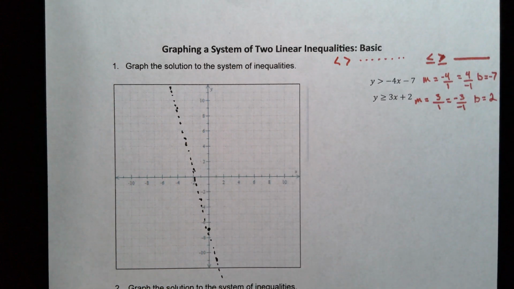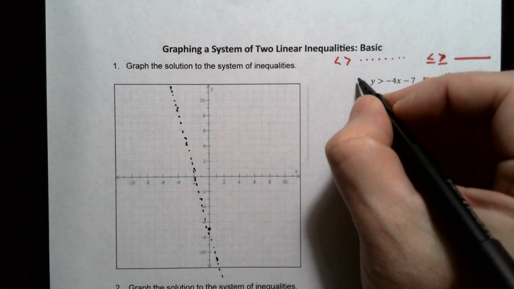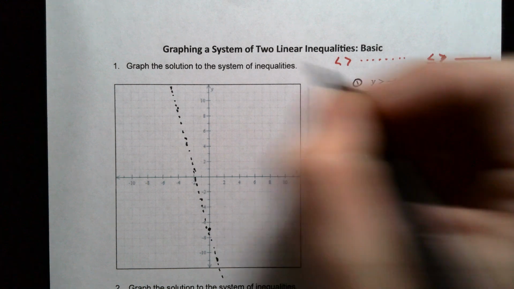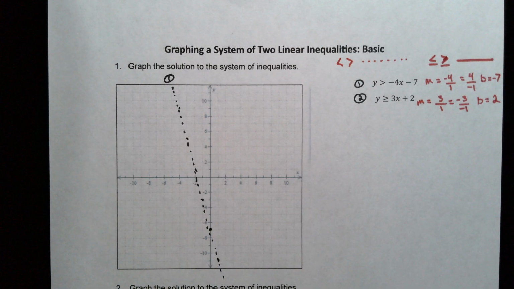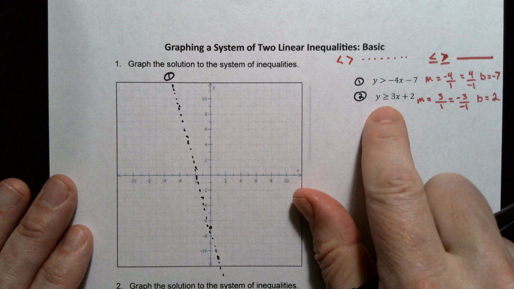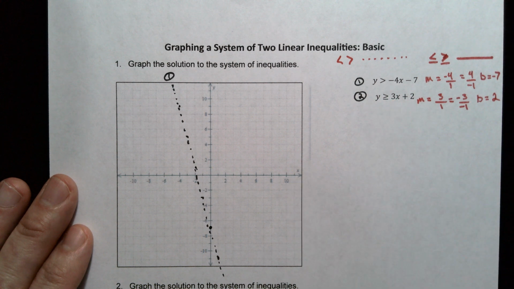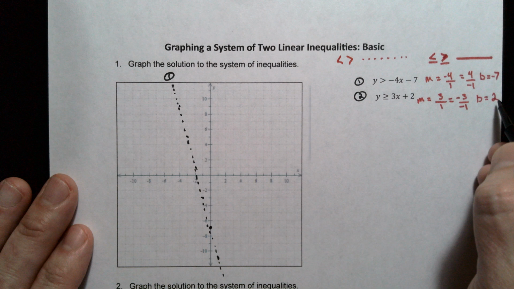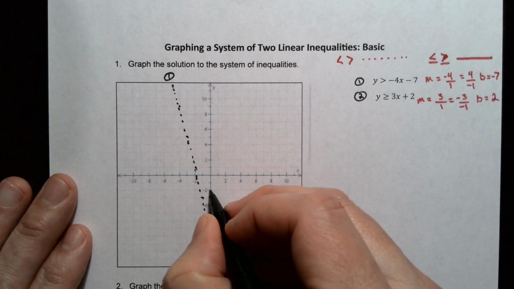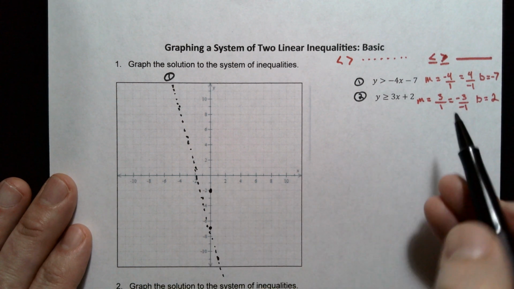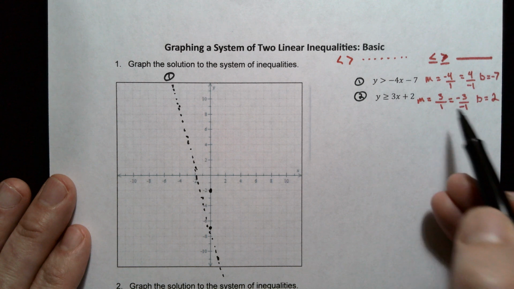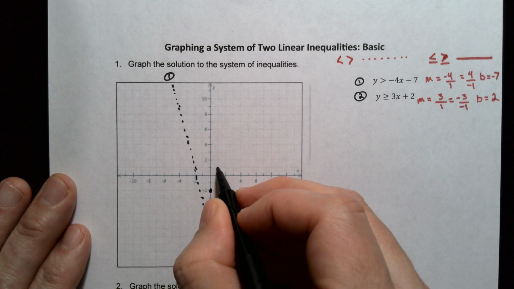Okay, and now let's look at the other one. Let's call this one 1, and this one 2. So this is line number 1. Number 2 will be a solid line because it's got the line underneath, it's equal to. We start at 2 on the y-axis. And then I use my slope. The first one says up 3, right 1.